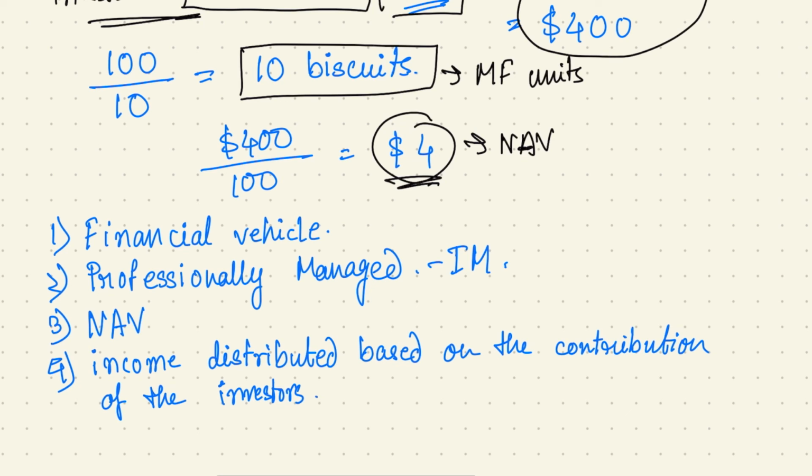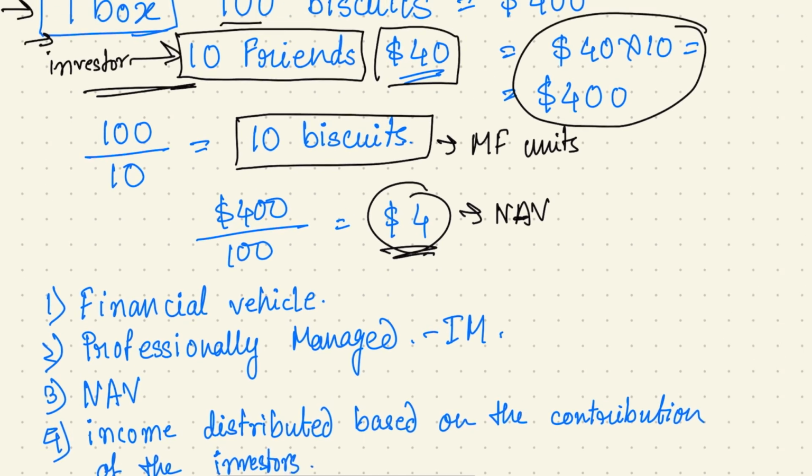So there will be income in the mutual fund, like interest, dividends, and sometimes gains when a sale happens. Whenever income is generated in the mutual fund, after the expenses are deducted, based on the structure or the objective of the mutual fund, the money will either be reinvested into the fund or distributed among the investors. So these are the main points for the mutual fund.